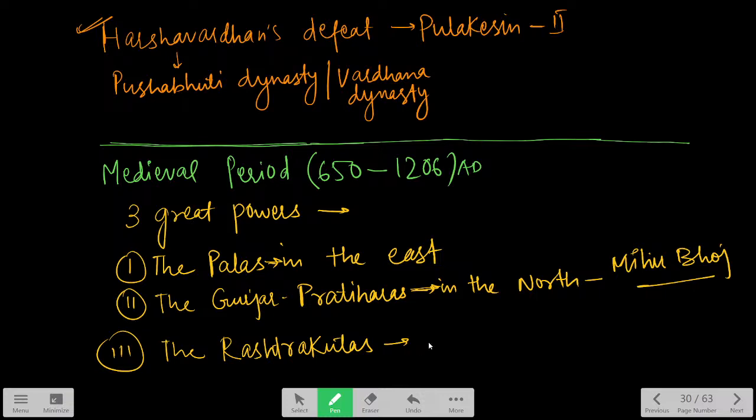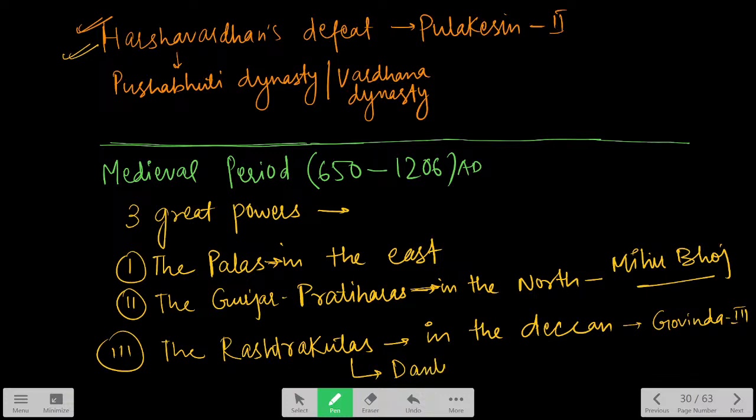The Rashtrakutas were in the Deccan, which means in the south. So these were the dynamics: these three powers were fighting with each other after 650, that is, after the defeat of Harshvardhana. The most important and powerful Rashtrakuta ruler was Govinda III, and the dynasty was founded by Dantidurga.